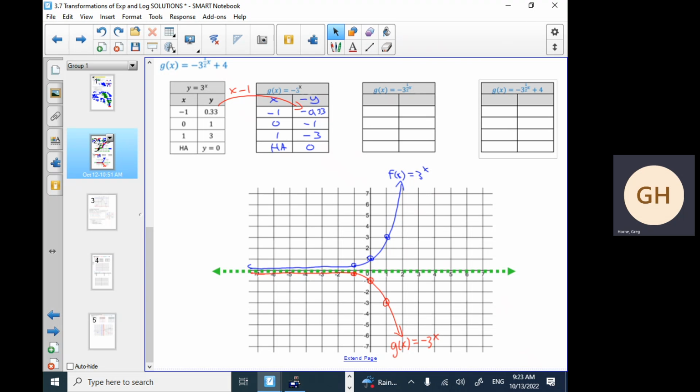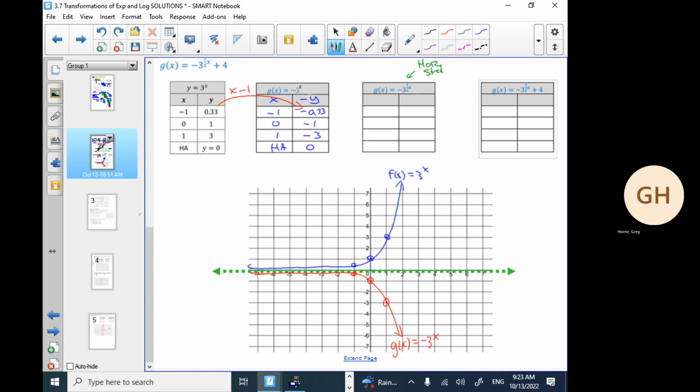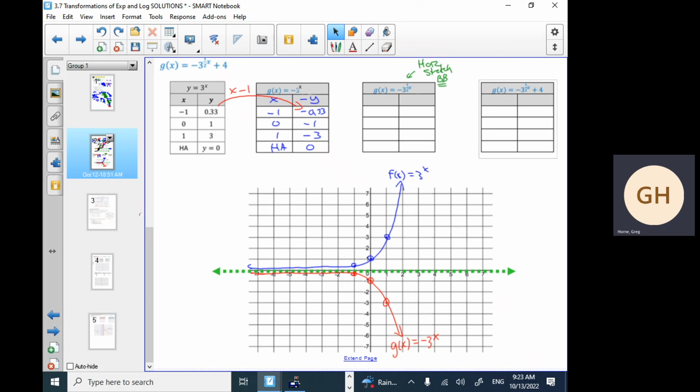Right, so next step here, we have our horizontal information, and that's going to be actually the horizontal stretch. Right, brackets backwards, half should be compressing things, but it's stretching it. That's just how it works.